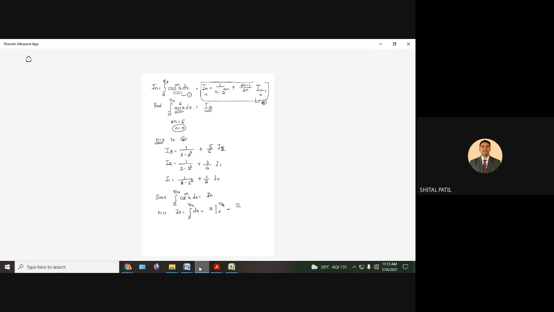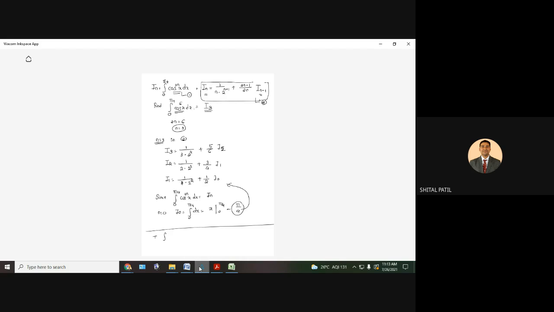So we have pi by 4. Once this pi by 4 is obtained, you can substitute in I naught here. Then you will get I1. Substitute I1 in previous value, substitute I2 in previous value, and then you will get I3. Hope this is clear.